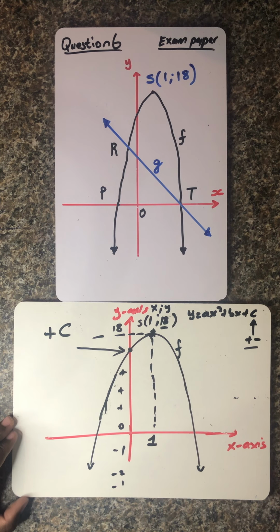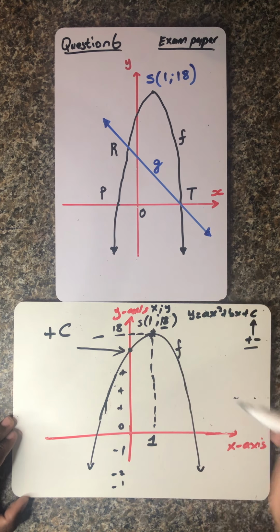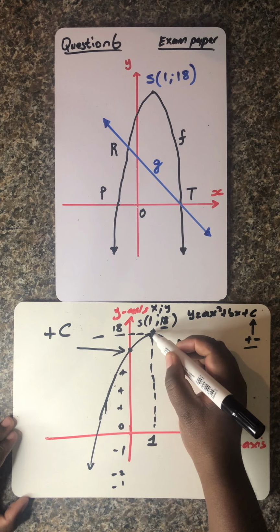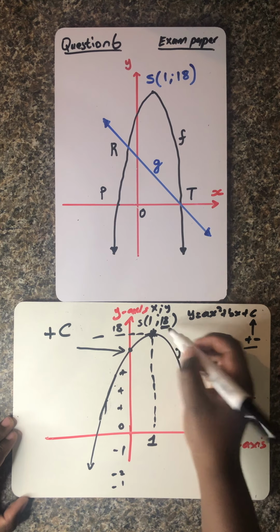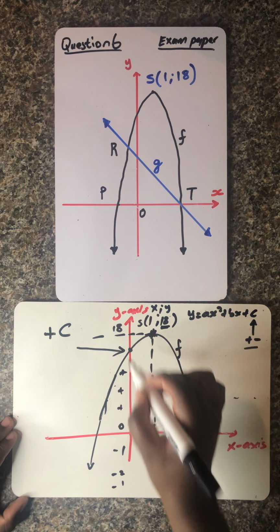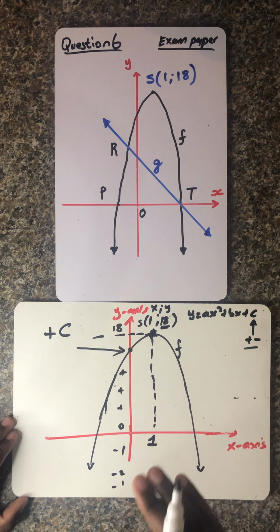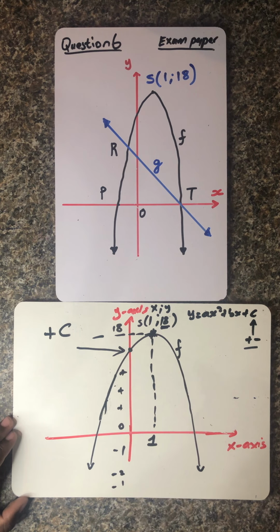I'm not sure if you understand. Why? Because the maximum point is 18. We are not sure whether it's 17, 16, 14 or whatever, but what we know is that it's a positive number. Very, very much important.